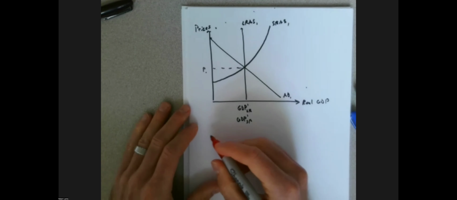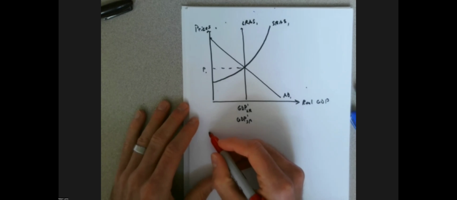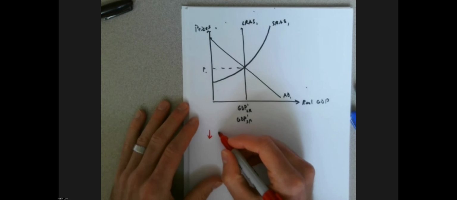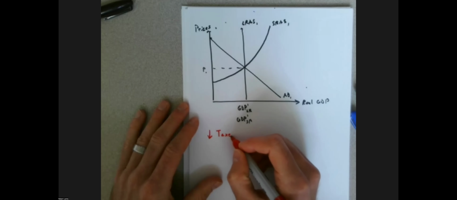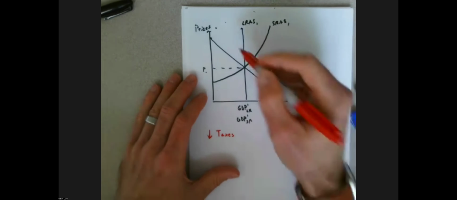Okay. If there is something other than the government actions that causes aggregate demand to shift, right? So let's say, just for an example, since we're going to focus on monetary policy, let's say that the government engages in fiscal policy. So I'm going to throw a lot of things in here at once, but if they engage in fiscal policy such that they decrease taxes, right, what impact would that have?